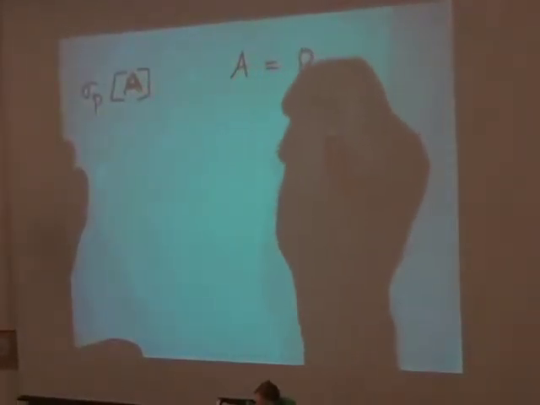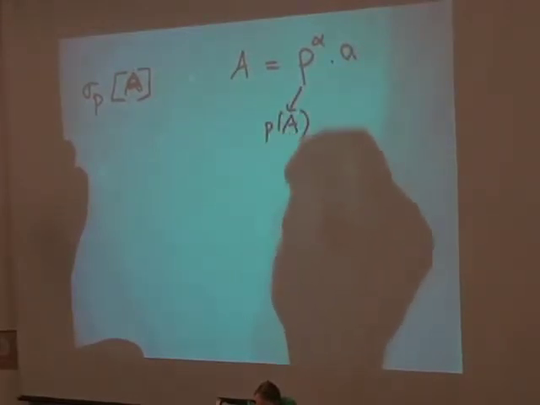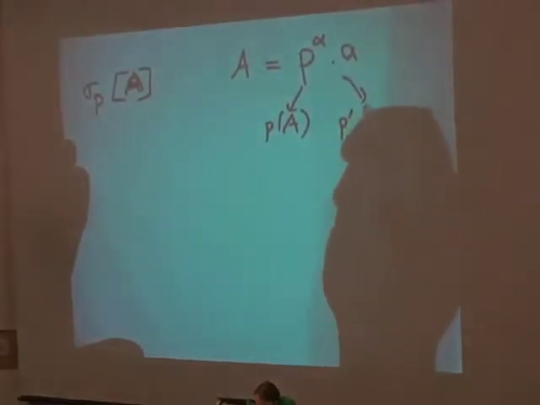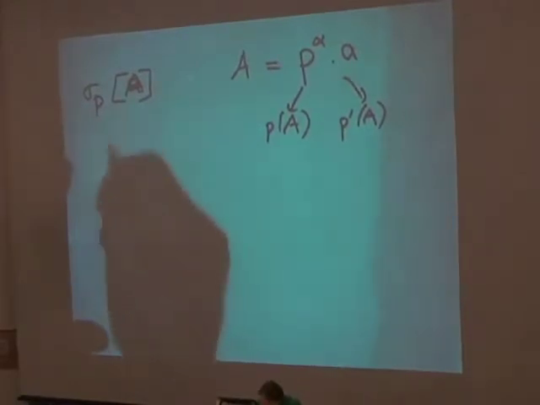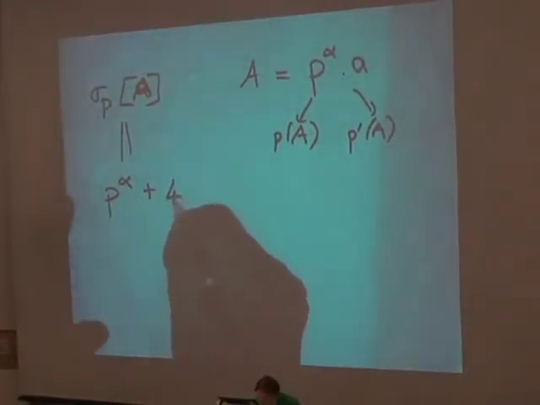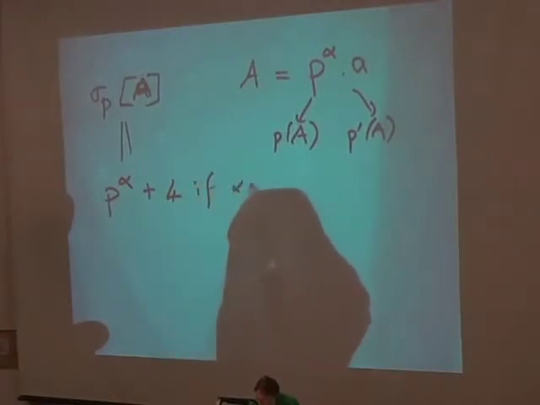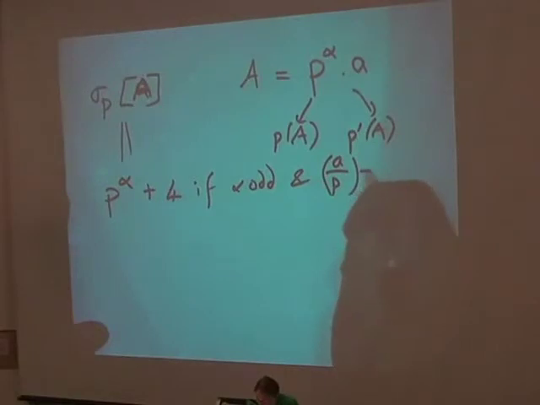Let me make it capital A. I'm going to take A to be p to the alpha times little a, where this is the p part of A, and this is the p prime part of A. Remember, I take the p part, plus 4 if alpha is odd and a Jacobi p, or a Legendre p if you like, is -1.